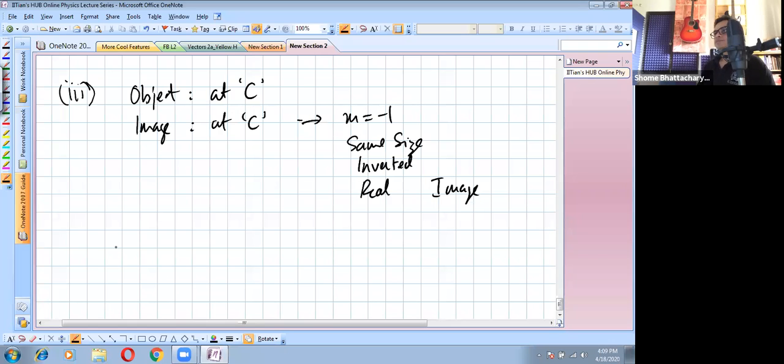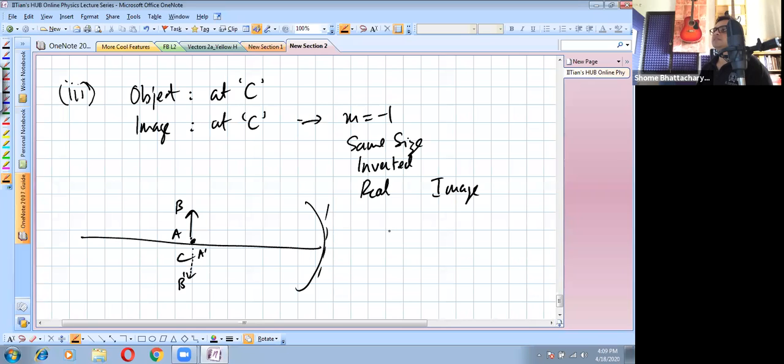Okay, so just roughly your ray diagram will be something like this. If your object is here, then you place a photographic plate here below it, and you will obtain its image like this.